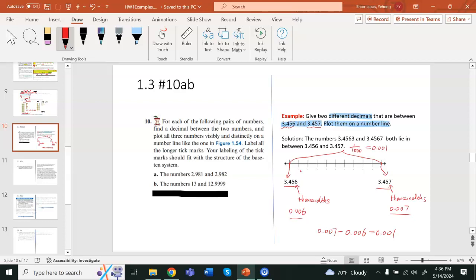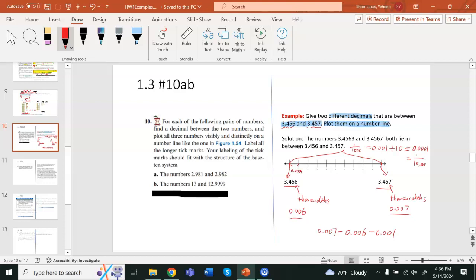But if I divide 1 thousandth by 10, which generates the next place value, that is 10 thousandths, or 0.0001. So each small interval here has a value of 0.0001.